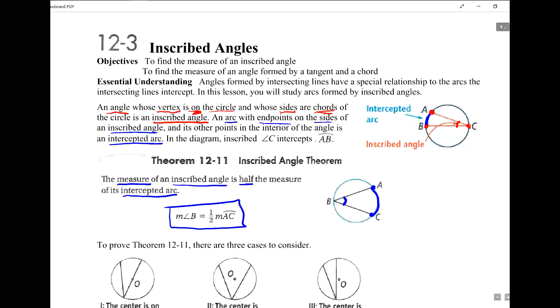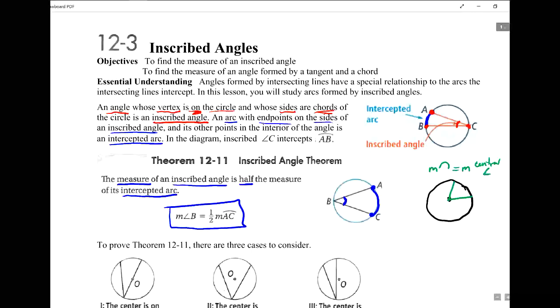Now, if we remember back, we know that if we have a circle and we have a central angle, the measure of our arc equals the measure of our central angle.